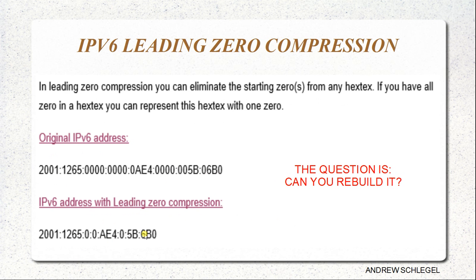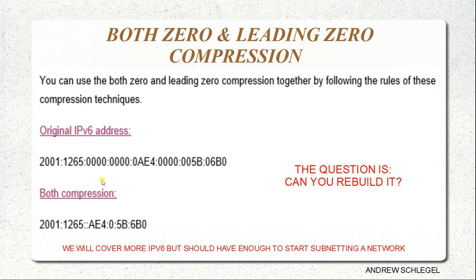So the question is here, let's just mix them together. Basically you have the same thing. We used our colon right here to get rid of these 2 hextets, and then we used our leading zeros to get rid of all the leading zeros.